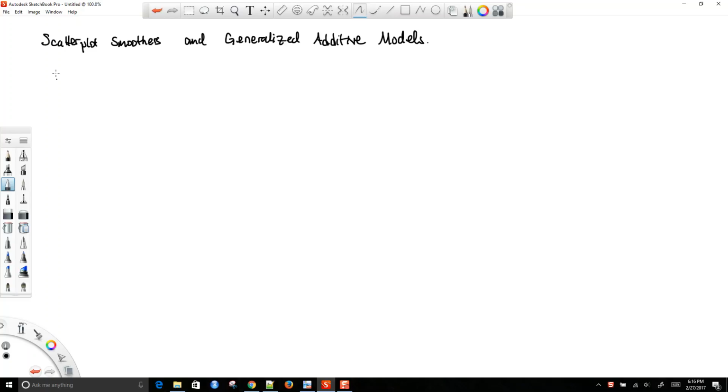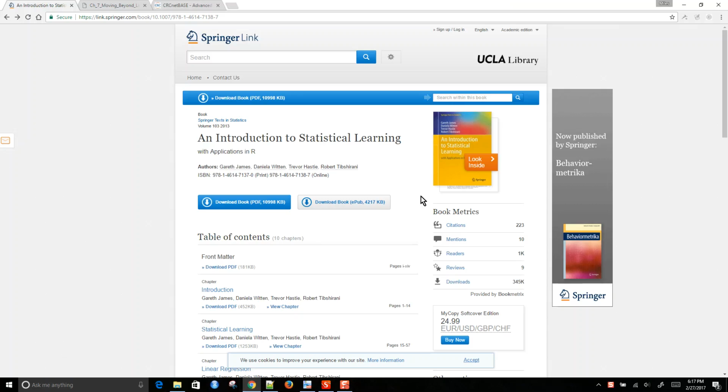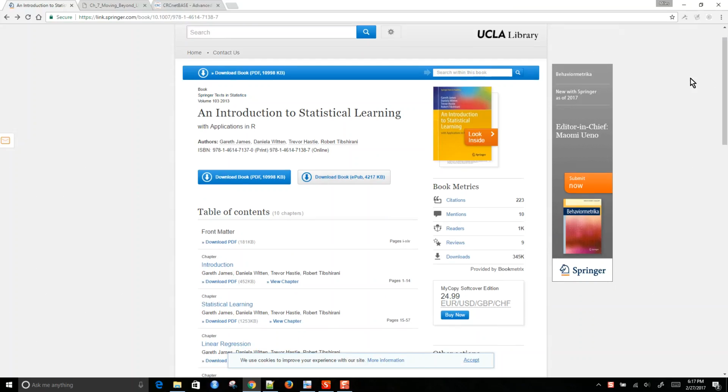The chapter is Chapter 7 from An Introduction to Statistical Learning. And actually, this textbook is available free as a PDF while you're connected to the UCLA library.